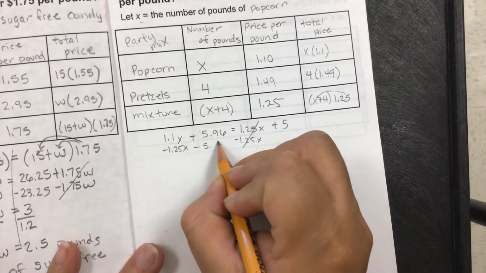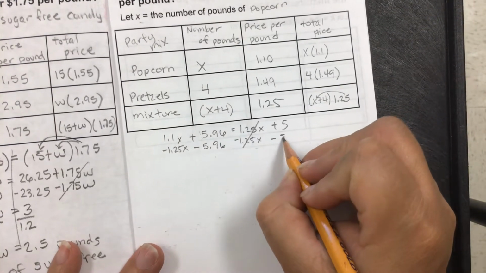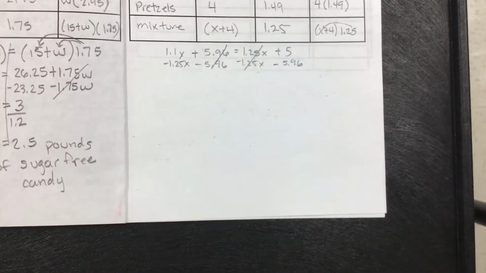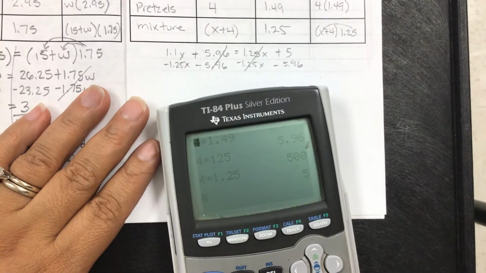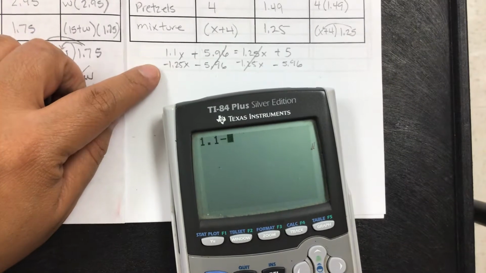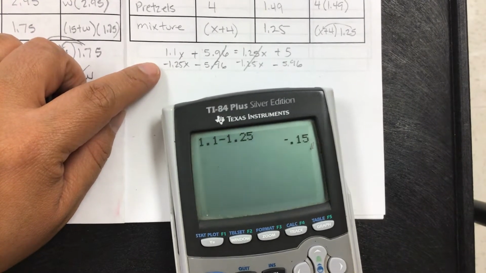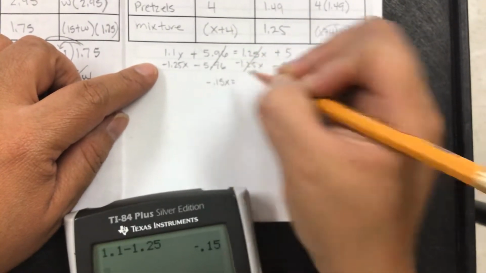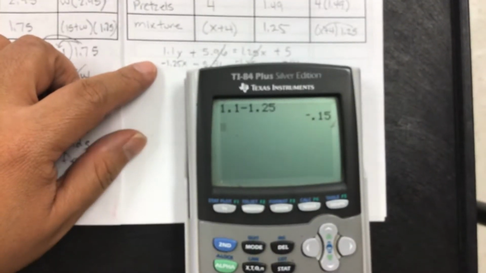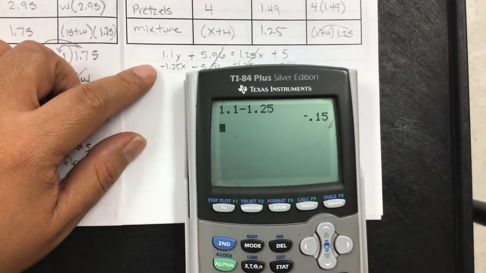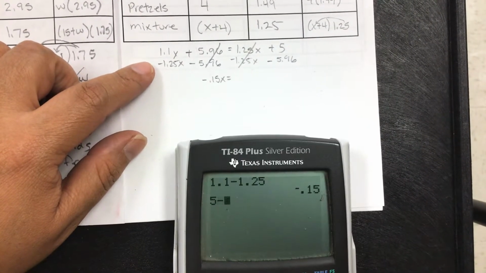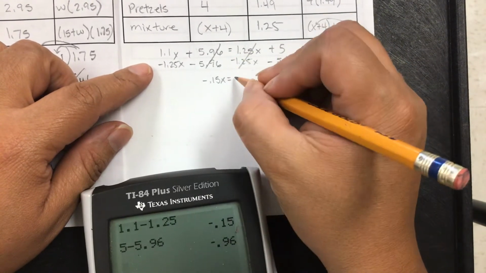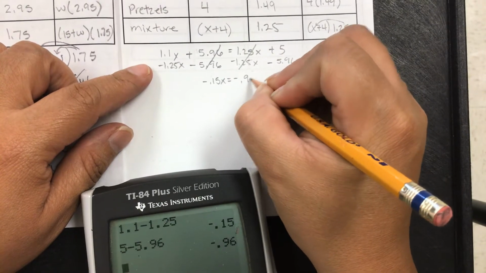We're going to subtract 5.96 from both sides to cancel it out here. 1.1 minus 1.25 is equal to a negative 0.15x. 5 minus 5.96 is equal to a negative 0.96.